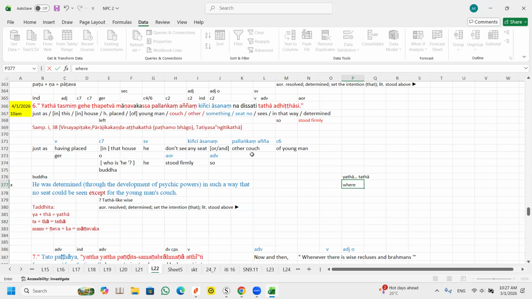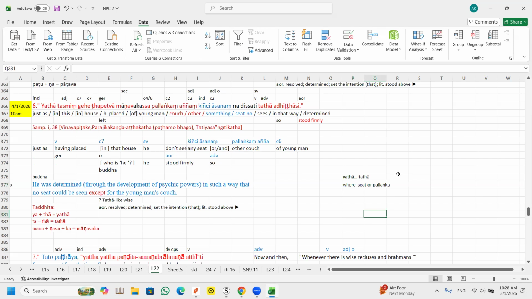Asanang or palangkang. So that means it's asanang palangkang. The word tata here means where the seat was.